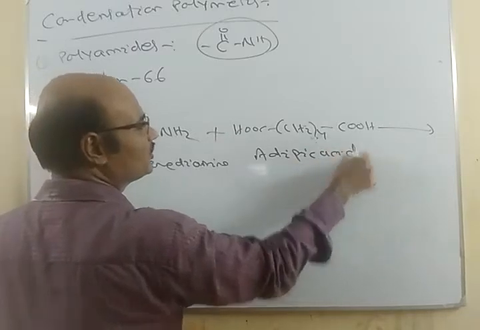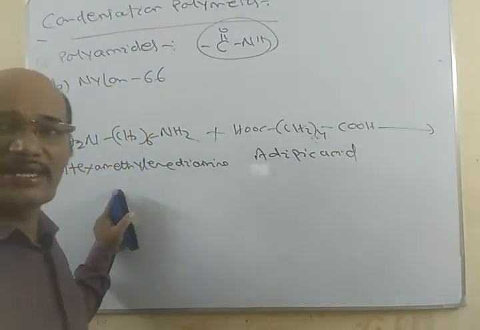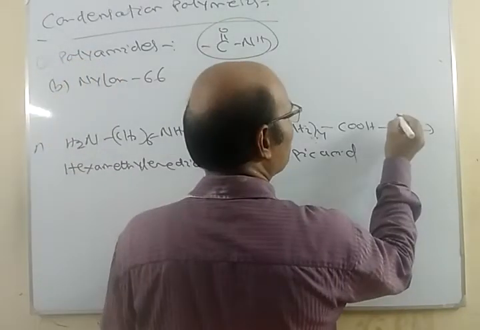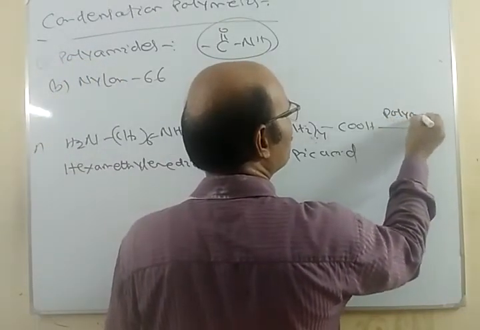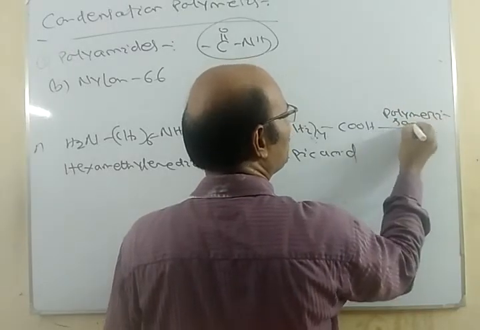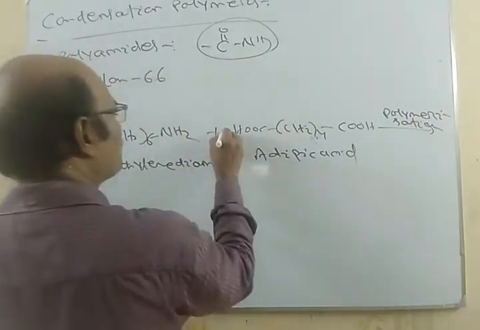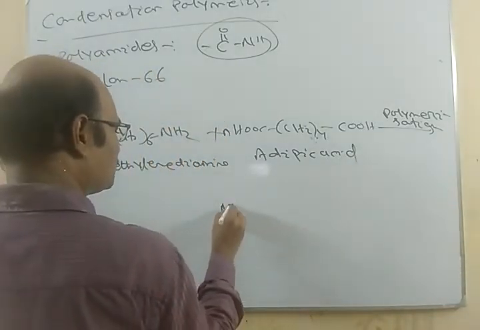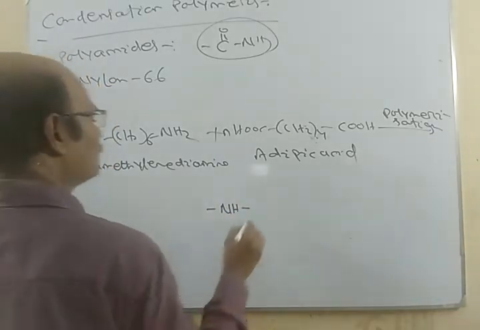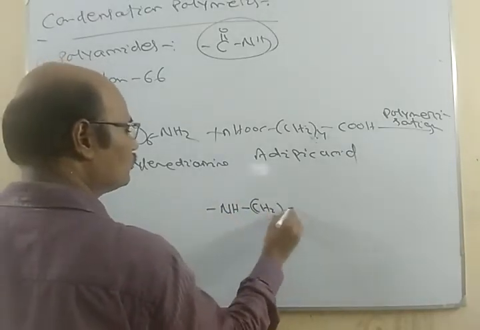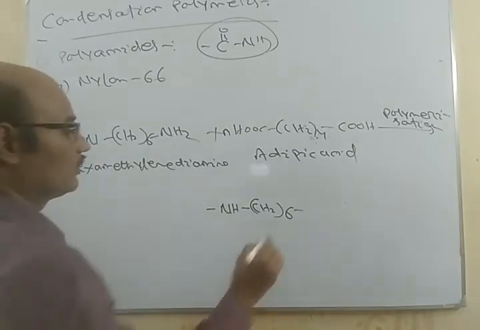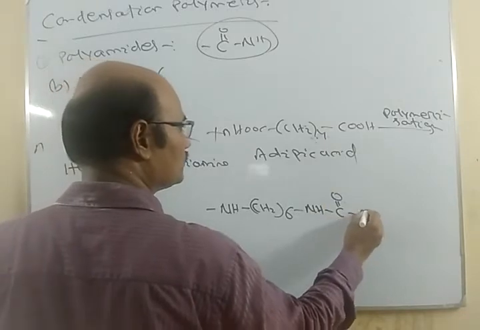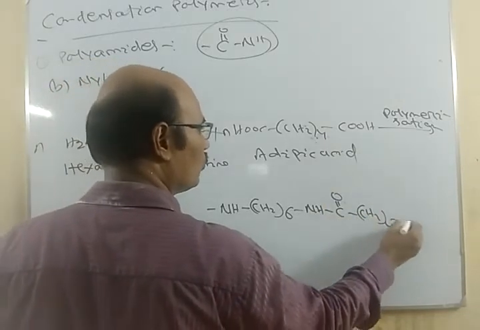So when hexamethylenediamine and adipic acid undergo condensation polymerization, n molecules will give NH (CH2)6 NH C=O (CH2)4 C=O.